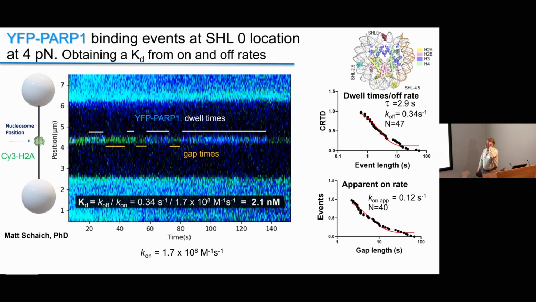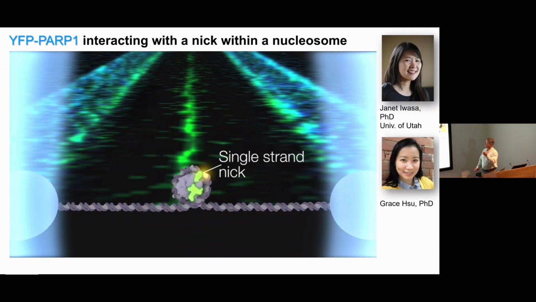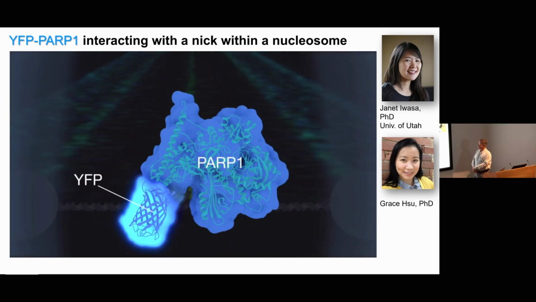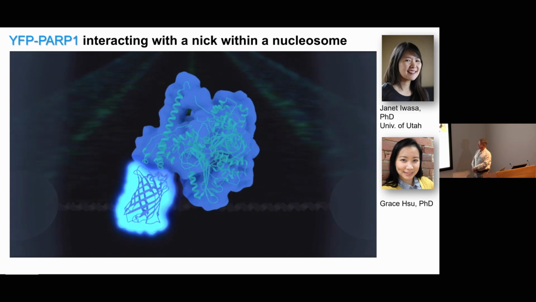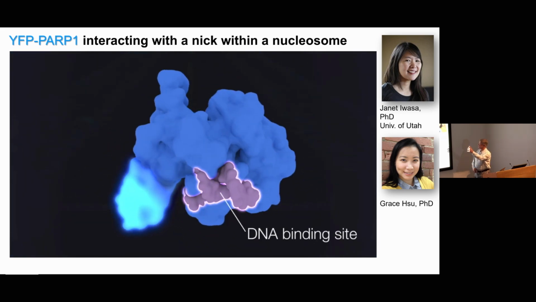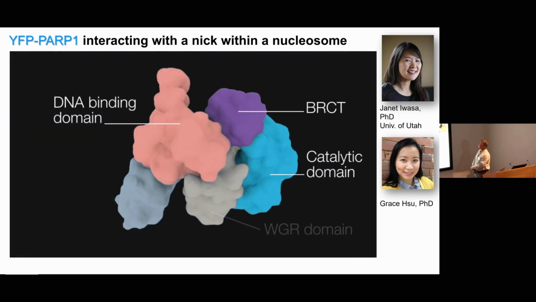The big surprise, though, so this is a movie I really like. This is YFP PARP. And I said that the DNA is wedged between the zinc fingers and the WGR domain. And this was animation that was done by Janet Iwasa at the University of Utah.